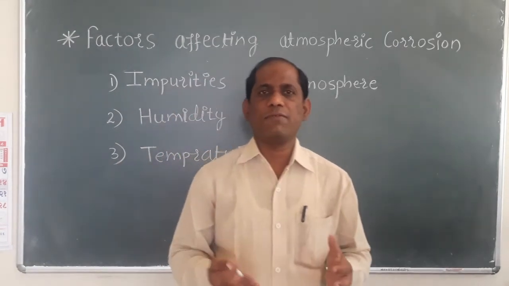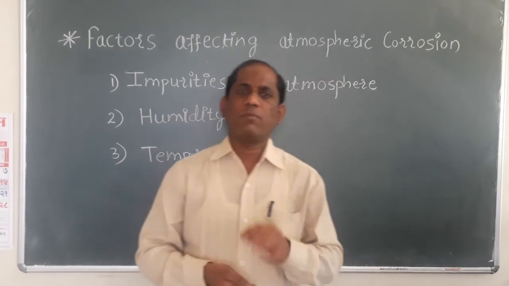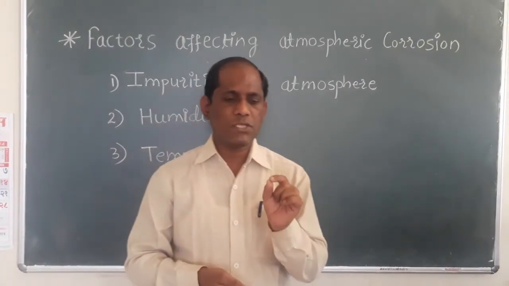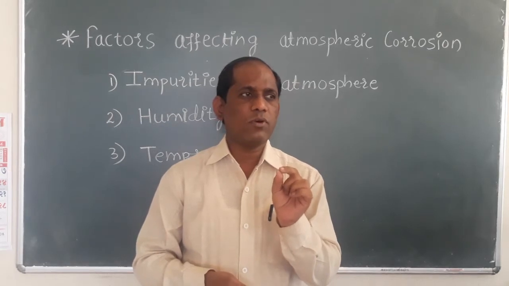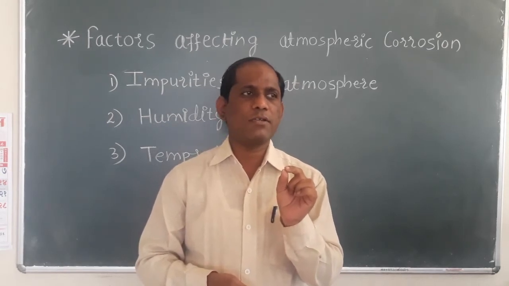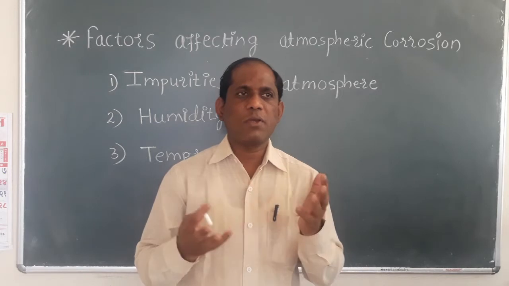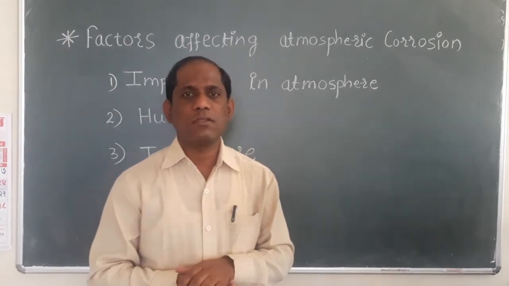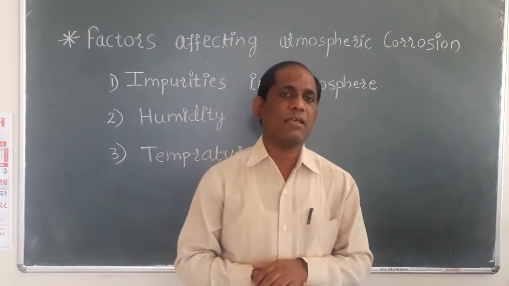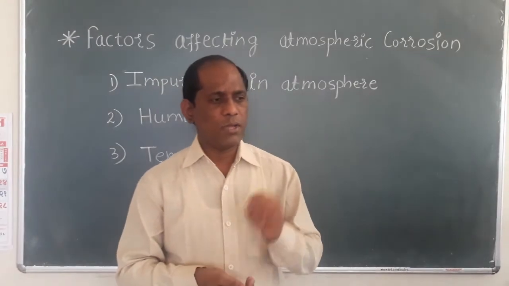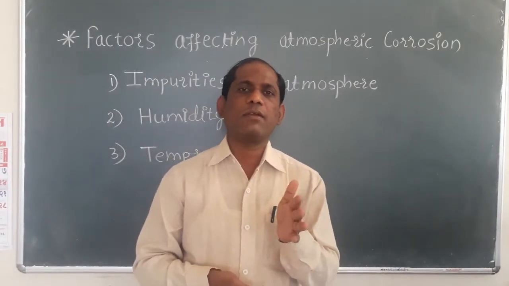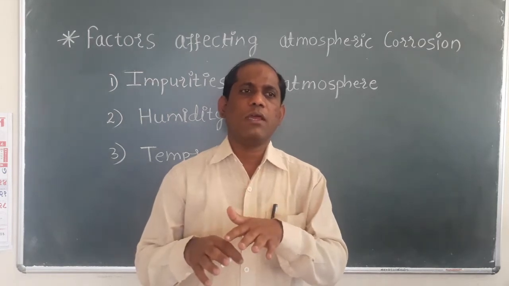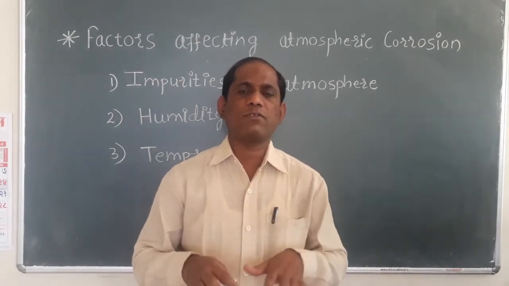So it is a very easy definition. From this definition we came to know that the atmosphere has different kinds of gases in it. We normally say that the atmosphere is a mixture of different gases. If those gases are not corrosive, then there will not be any corrosion on the surface of the metal.